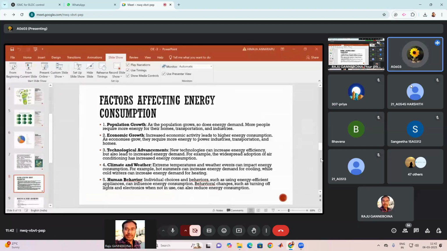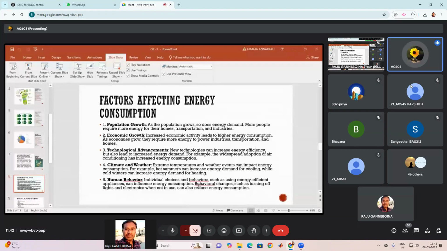For example, hot summers can increase energy demand for cooling. Like we are using ACs nowadays in our rooms, but in a big office, where we use a centralized AC system, it takes more power than in a room. So this is also a factor.